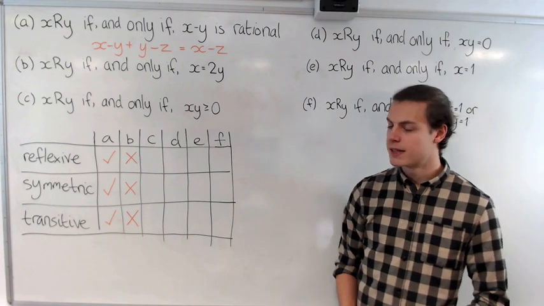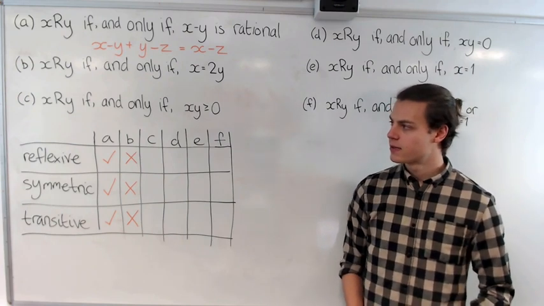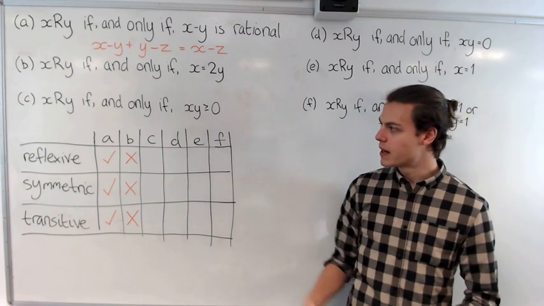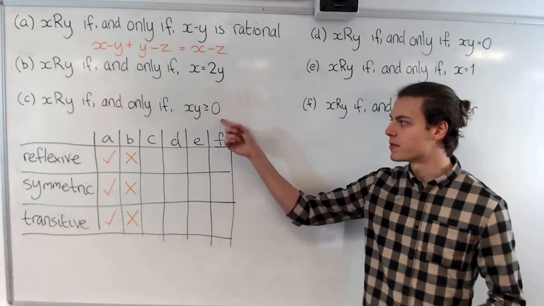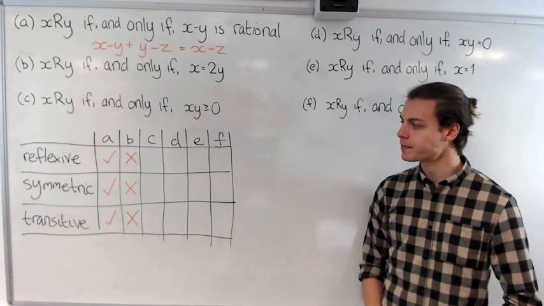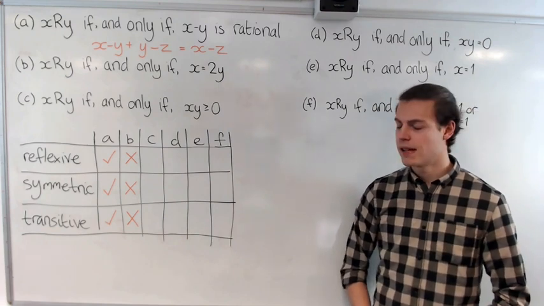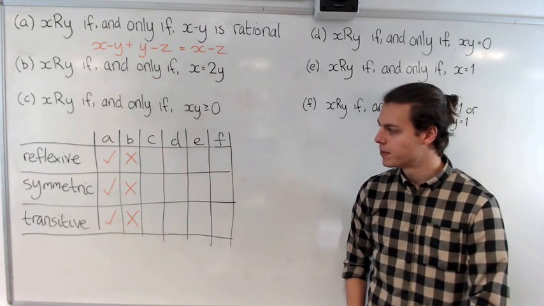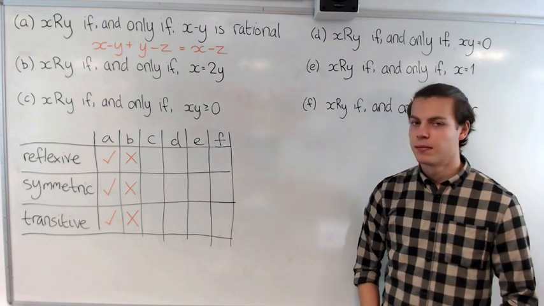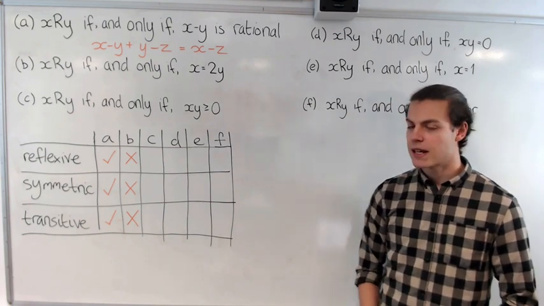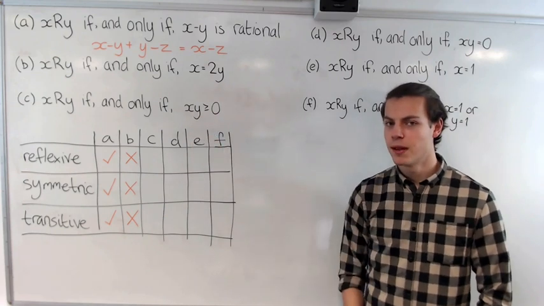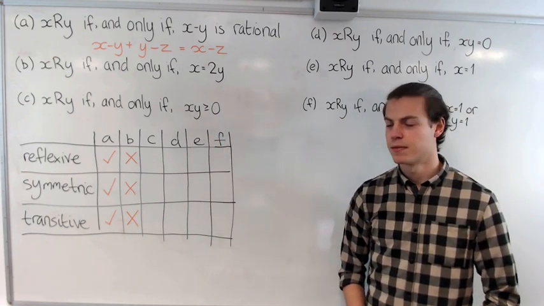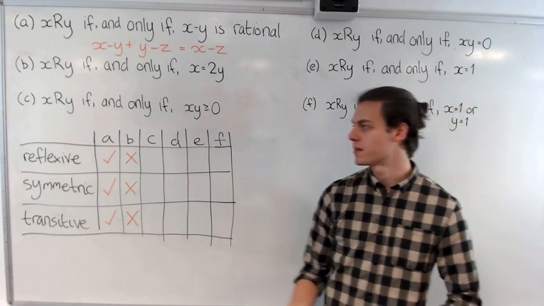Let's look at relation C. X is related to y if and only if x times y is non-negative, right? So, is this relation reflexive? Well, yes. If you take any real number and square it, the result will be non-negative.